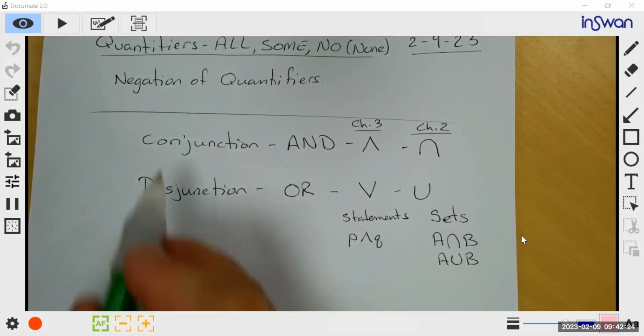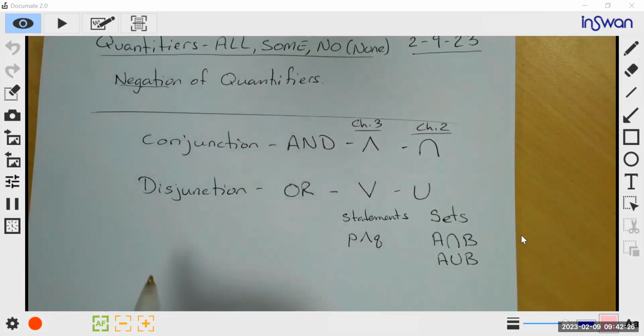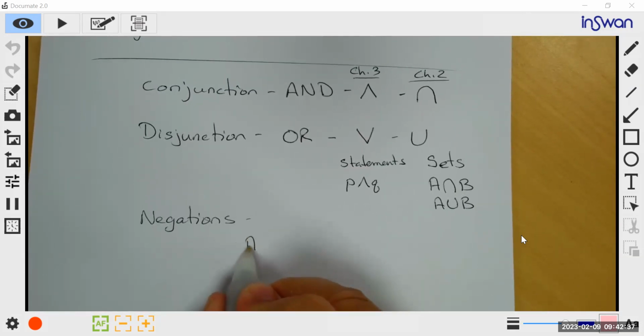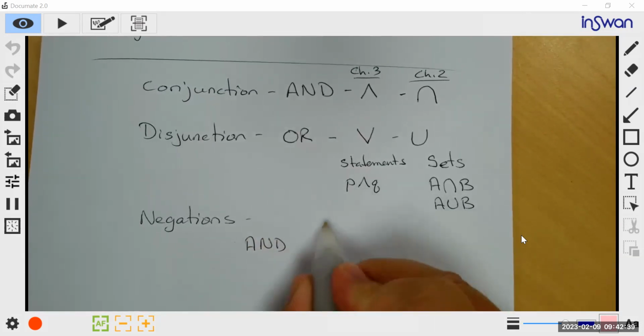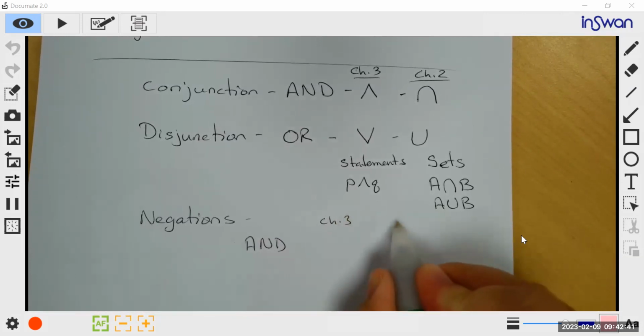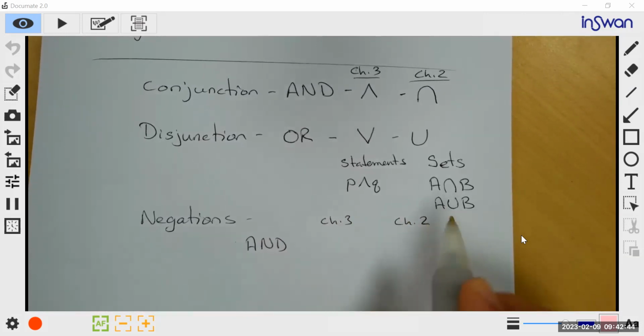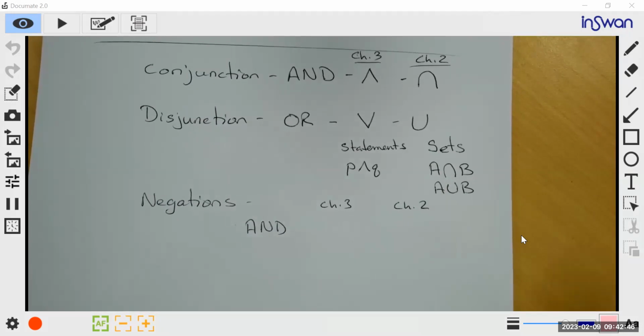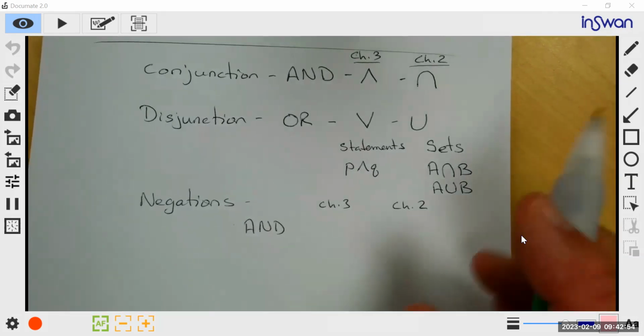All right. Well, let's look at the negations. The negation of the and statement in chapter 3 and in chapter 2. How do we show negation of a statement? No, it's symbolic.